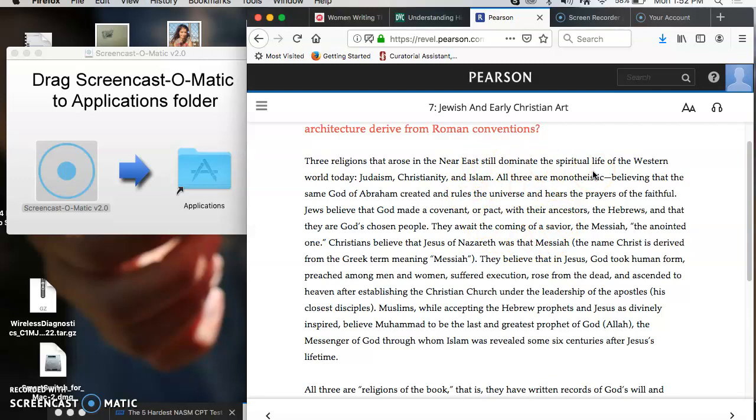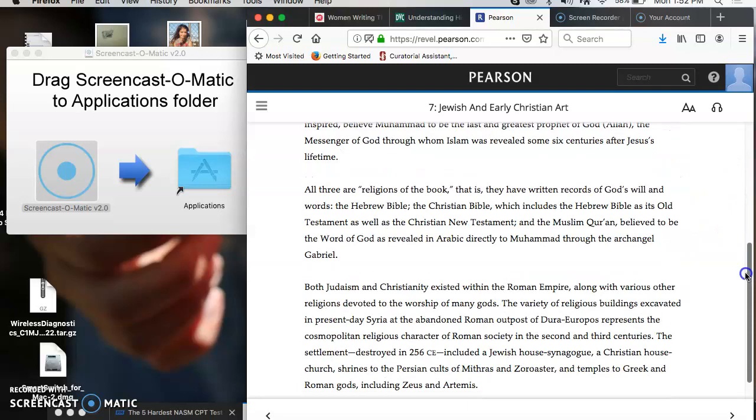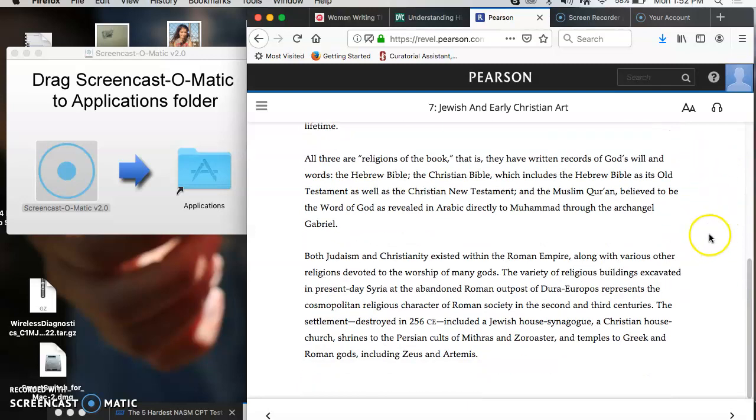And briefly they mention Islam, because all three are three branches of one tree. All three are what we would call the sister religions that make up the Abrahamic monotheisms. And so they're going to go on and talk a little bit about how Judaism and Christianity existed in a Roman Empire that had lots of other religious ideas circulating.